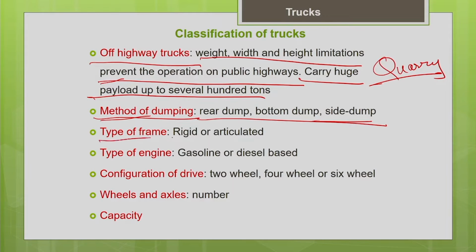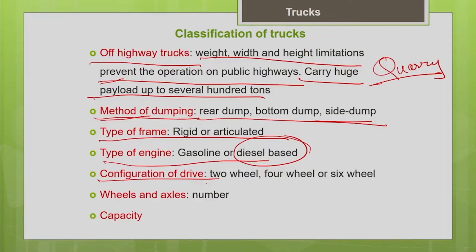Then depending upon the type of frame, as we discussed for the earlier machines also, here also we have rigid frame and articulated frame. Based upon the type of engine, it can be gasoline or diesel, but more commonly most trucks have diesel engines. Then based upon the configuration of drive, which we have also discussed earlier, how many axles are powered and the corresponding wheels will be driving wheels.